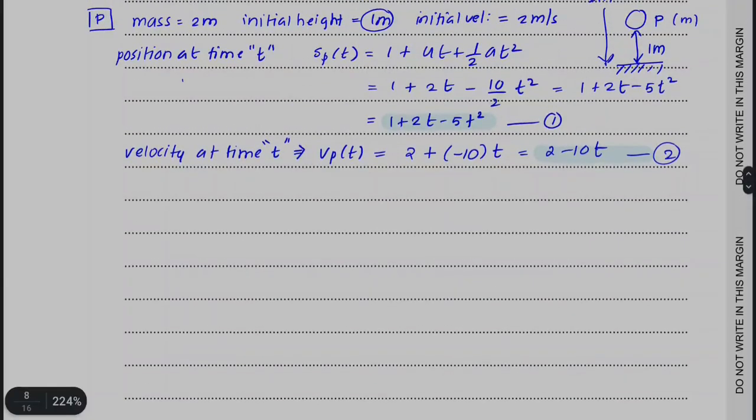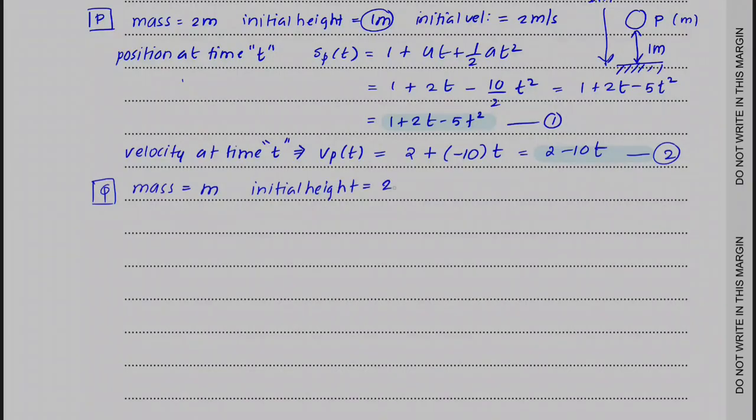Now we are done with the particle P. Now let's move to the particle Q. For particle Q, its mass is equal to m, and its initial height is equal to 2 meters. Don't get confused with the m that we used with the mass.